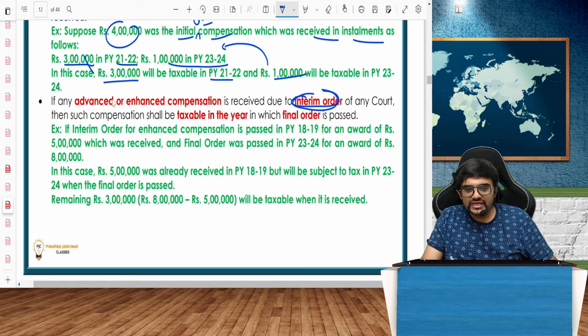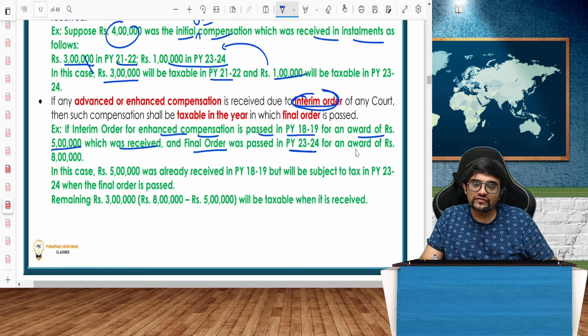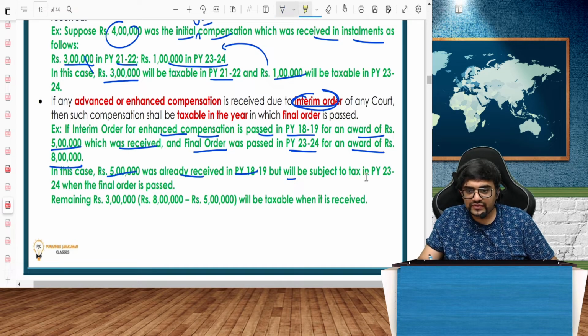So, if an interim order for enhanced compensation is passed in previous year 18-19 for an award of rupees 5 lakh, which was received, and the final order was passed in 23-24 for an award of 8 lakh. Initially they gave 5 lakh, then added 3 lakh. In this case, 5 lakh was already received in 18-19, but it will be subject to tax only in the year 23-24 when the final order is passed.